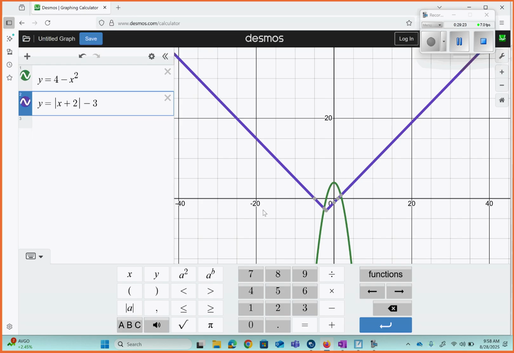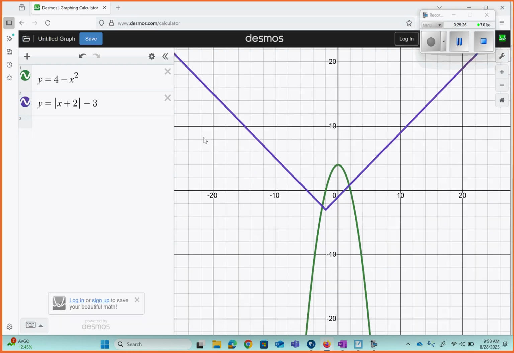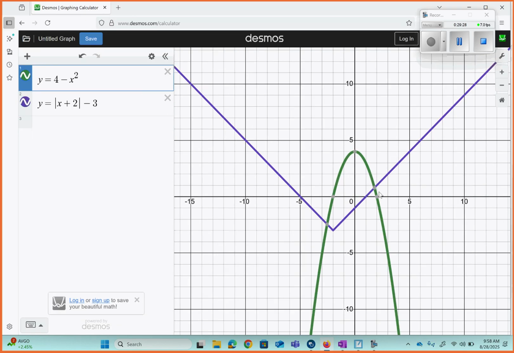So if we're looking for where these graphs intersect each other, zoom in on it. Just click on the 2 points that work. Being the original problem does not have a y, you're only looking at the x values of the points.